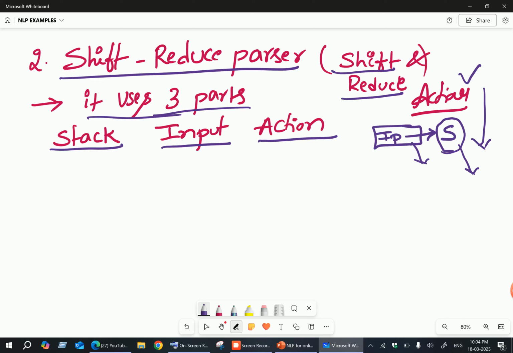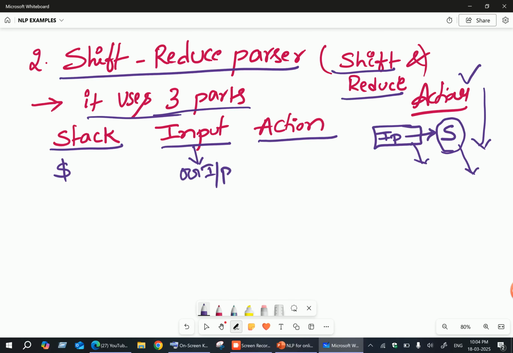Here input means our sentence, whatever the input sentence is, we will write that here. And in the stack, the stack always starts with the dollar symbol.